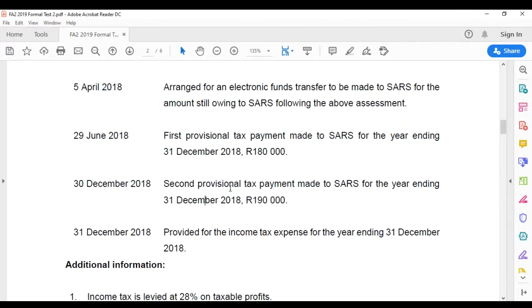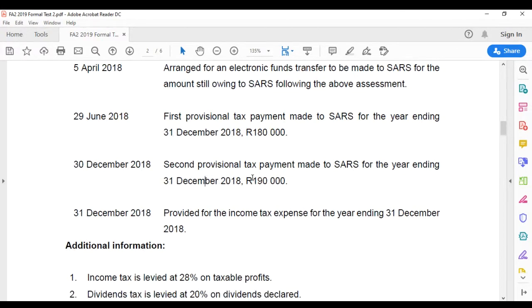Okay, we've basically discussed the entry, but let's just redo it again. You make your second provisional tax payment. Again, your year isn't quite over yet. You must still do your final year-end entries after the end of the year in January. So you are still paying that expense in advance.